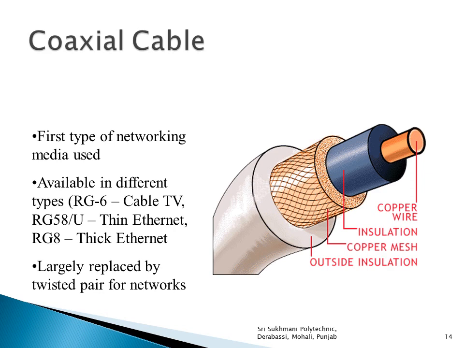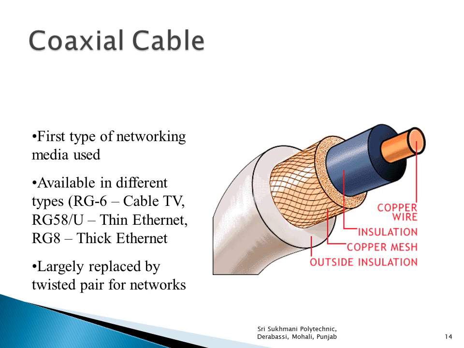It has a copper wire basically, then outside there is insulation, then a copper mesh, then again insulation, black insulation. Information is carried by the inside copper wire and the copper mesh.